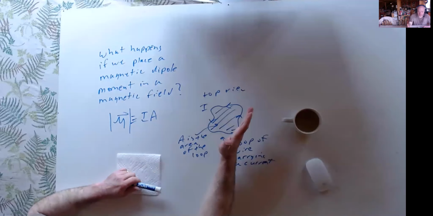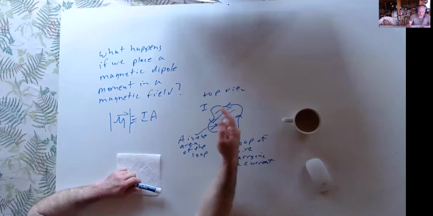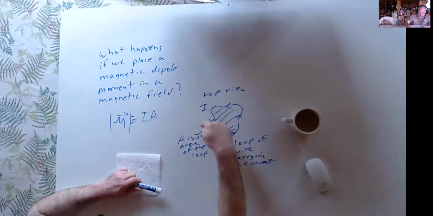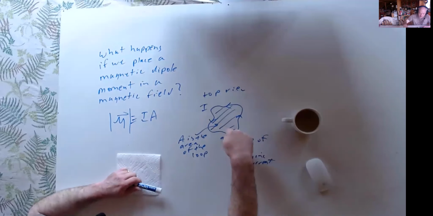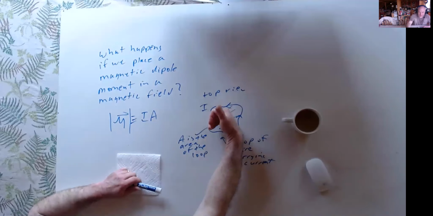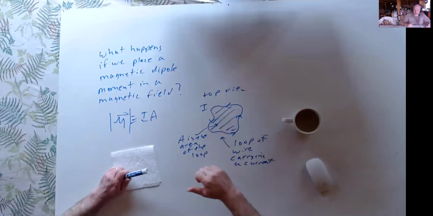Here's my right hand. What will I do? I'm going to wrap my fingers in the direction the current goes. The net circulation is like this, so I wrap my hand in the direction like that, and my thumb points in the direction of mu.